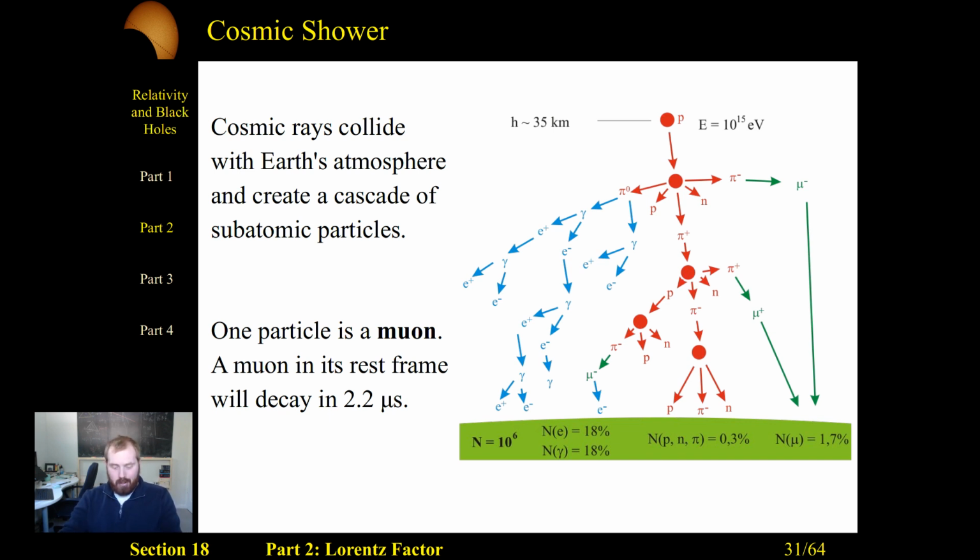However, this distance here, light from here to here, that's about 50 microseconds. It'll take light about 50 microseconds to go from the surface up here. And that muon decays in 2 microseconds.